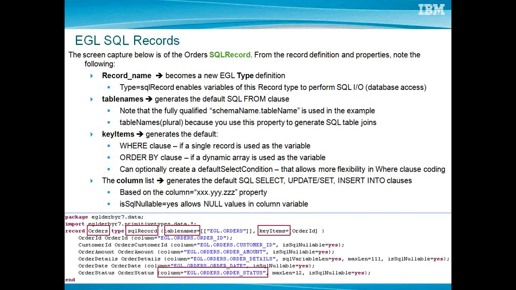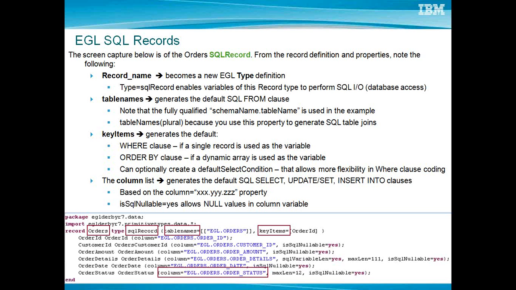We have first order ID, and in the curly braces we have the column property, where we are specifying EGL dot order. EGL is the schema name, and then dot order is the table, and then we have the order ID column. In the same way we have set other columns.